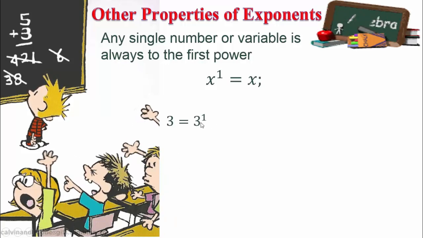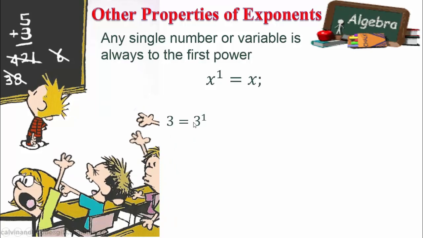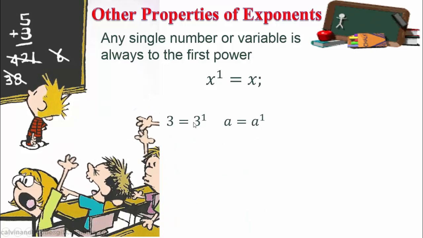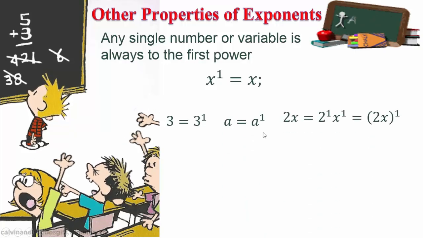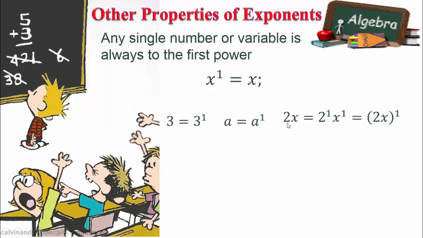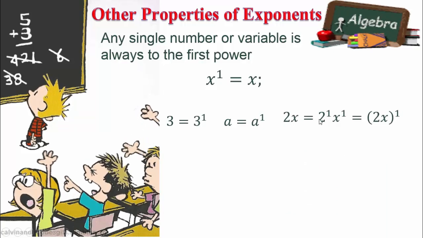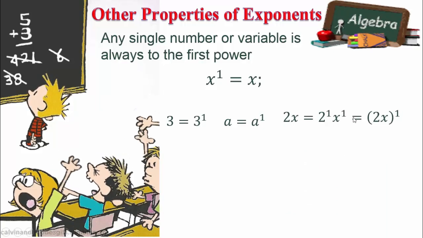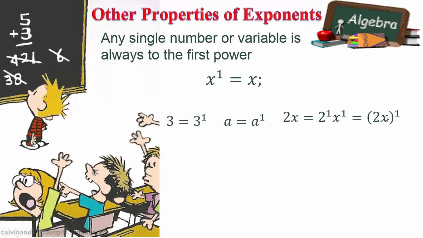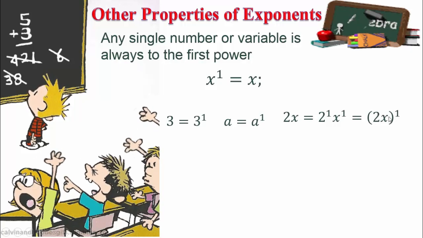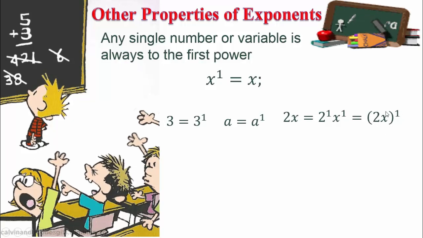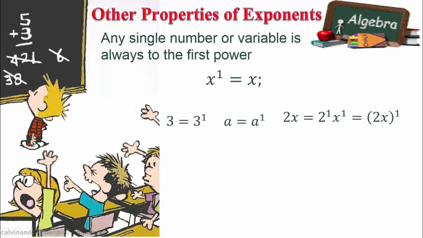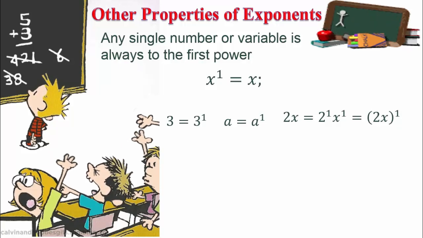So, for example, 3 is really 3 to the first power, or a is really a to the first power. And in the case of 2x, well, 2 is to the first power, x is to the first power, and that means we can look at it as 2x in brackets to the first power, where everything is brought to the first power.